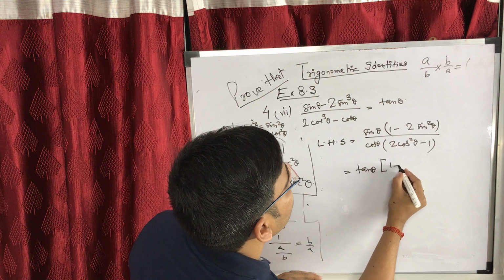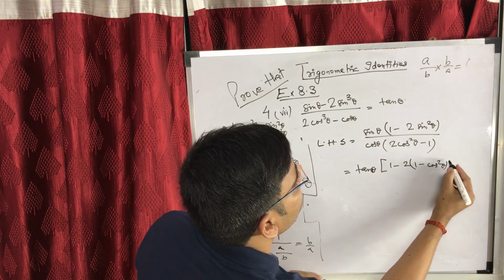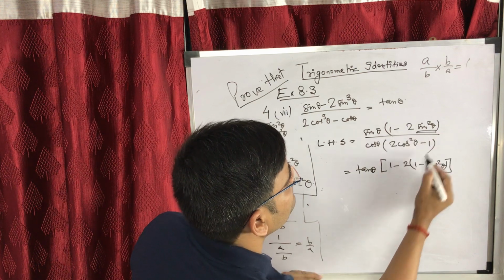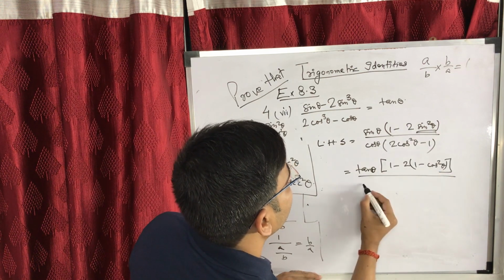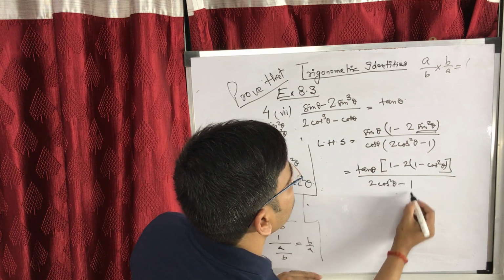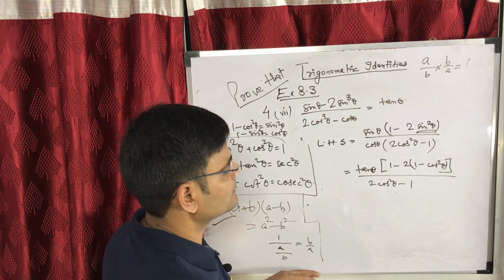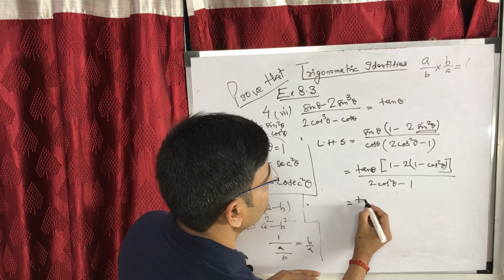So let me break the first one, sin square theta. Don't break this one too, otherwise you will never reach a conclusion. If you break both, they will not cancel out each other.